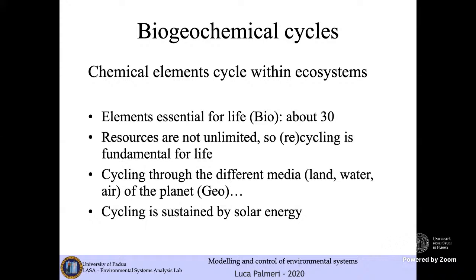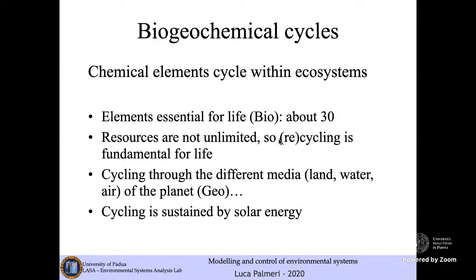Biogeochemical cycles relevant for ecosystems are those of the elements that are essential for life. So we have around 30 elementary elements: nitrogen, phosphorus, silicates, carbon, iron, and so on. These are all elementary elements that are essential for life, so for the biological processes. We know that resources are not unlimited.